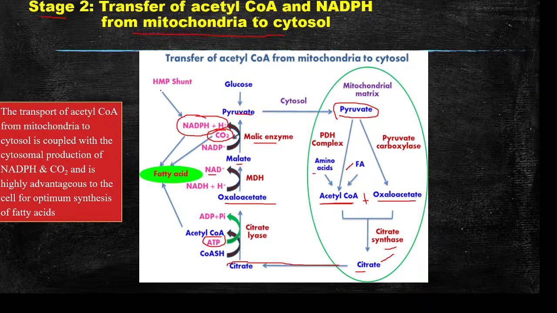One more source of NADPH is the HMP shunt pathway. Pyruvate is also obtained from glucose metabolism, and this pyruvate is transported back to the mitochondrial matrix, where it can be reused for the transport of acetyl-CoA into the cytoplasm.